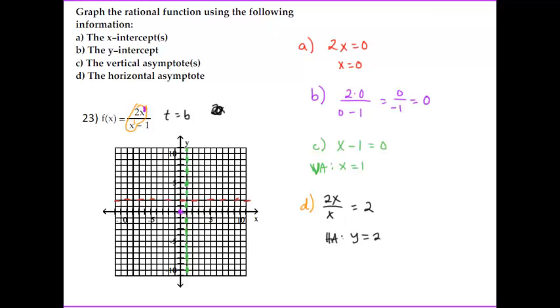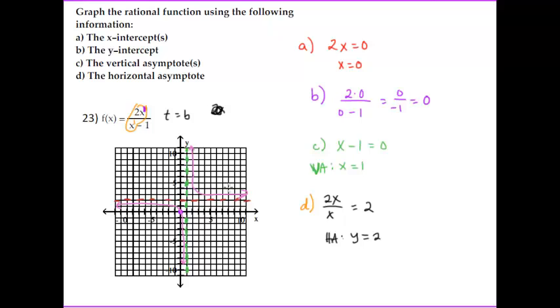If I'm at (0, 0) here, then as I go to the right, I need to get closer and closer and closer to that asymptote. As I go to the left, I need to get closer and closer and closer to that asymptote. Then the rest of my graph, if I end the closest to this asymptote down here at the bottom, then I'm going to be up here at the top of this asymptote, and I follow along those asymptotes like that.